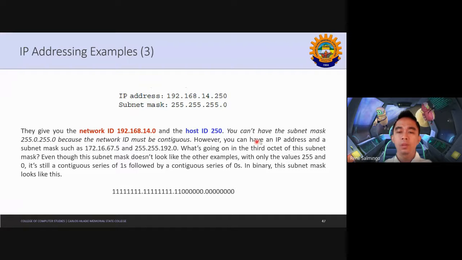And you could not have a subnet mask as we mentioned earlier because it must be contiguous. What we mean by contiguous is that you shall not have zero on this side because you need to fill in the necessary items for you to use this octet.